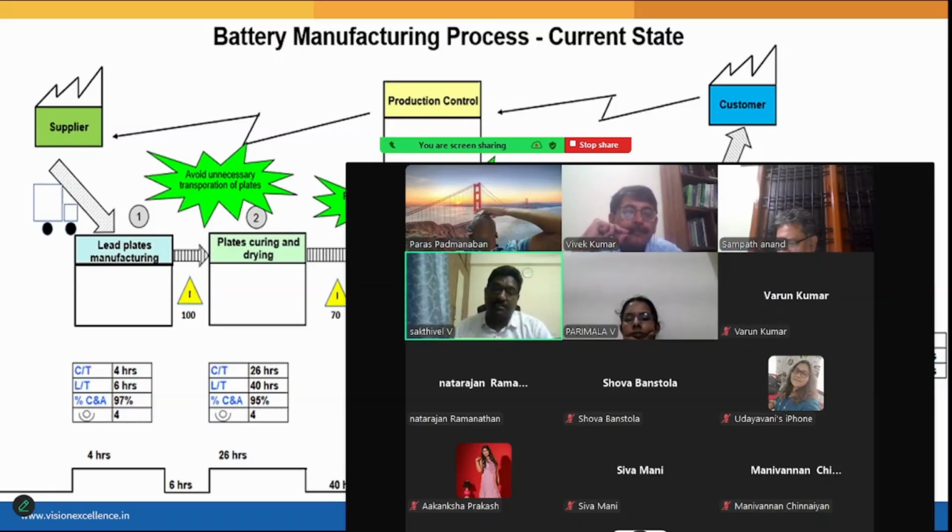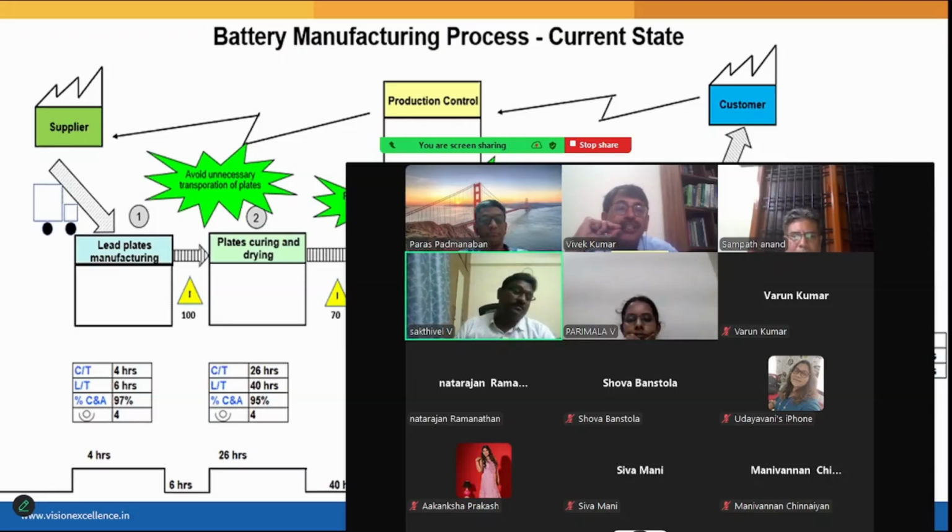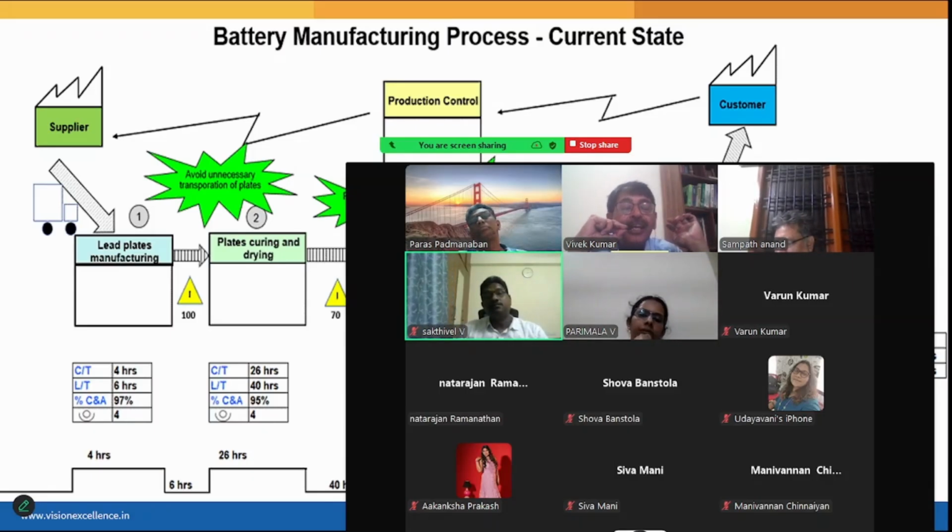Yesterday we discussed that, and today I am seeing that in our value stream mapping, only the waiting time calculated is showing as lead time. Yes, this is production lead time. In our terminology, it should have been called the throughput time.